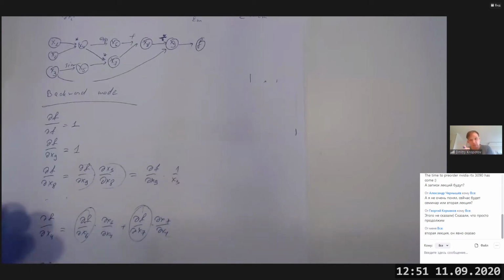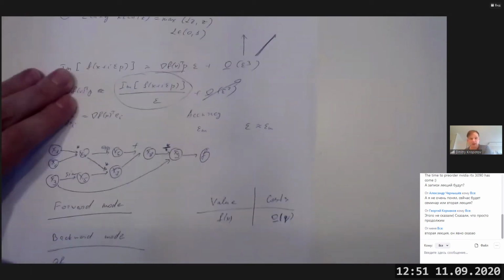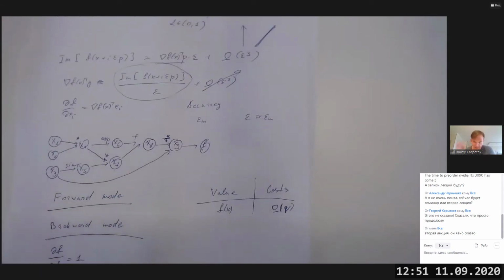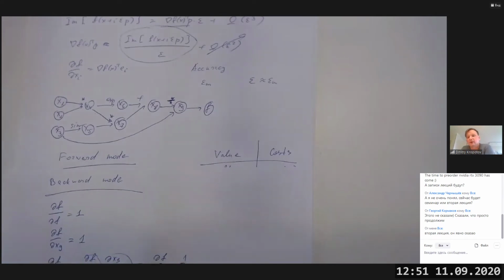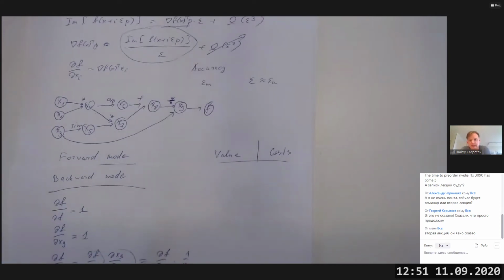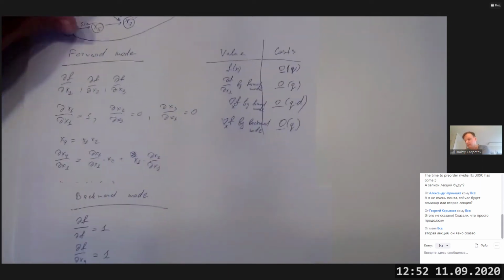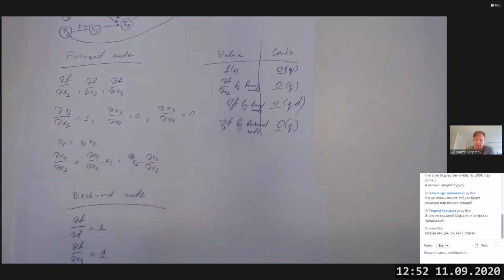So we need to store all this into memory, and if your computational graph is huge enough with quite huge intermediate terms, these memory requirements can be quite huge. So that is the price for efficiency in calculating the gradient in the backward mode.